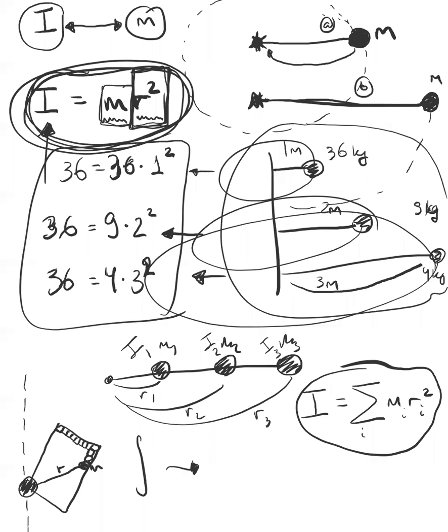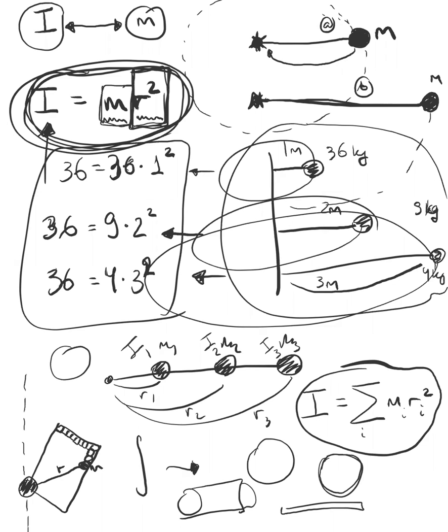In the end, for simple shapes like a sphere, a spherical shell, a rod, a cylinder, a rectangle, a ring or a disk, the formulas exist. Those moments of inertia have been computed. If you need them in your homework, just look them up. There is a table in your textbook.